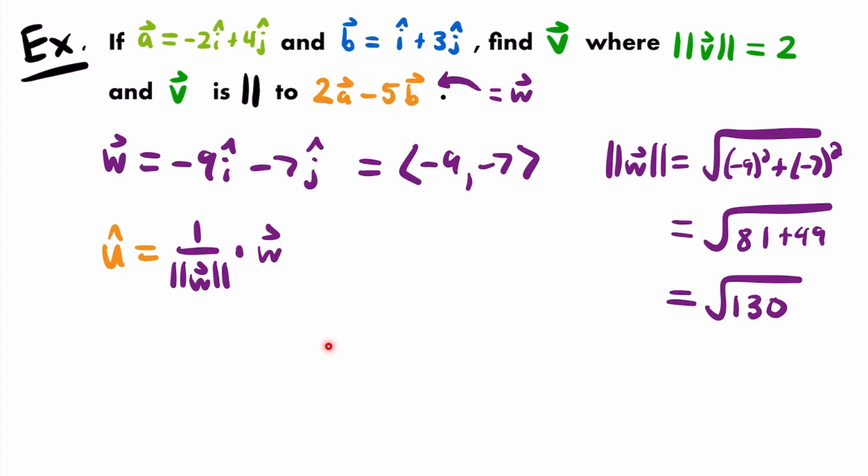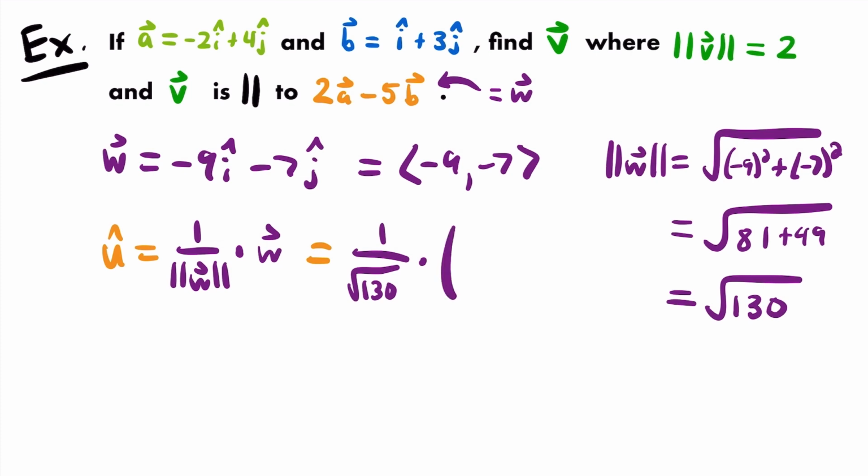And so if we want to find the unit vector for vector w, we will take 1 divided by that magnitude, the square root of 130, and multiply it by vector w, which is this vector right here. Now I'm going to choose to use this form of the vector this time around instead of this form. You should try to get used to working with your vector in terms of i and j, because we're going to work with that a lot later on in Calculus 3. So I'm going to try to get in the habit of doing that now.